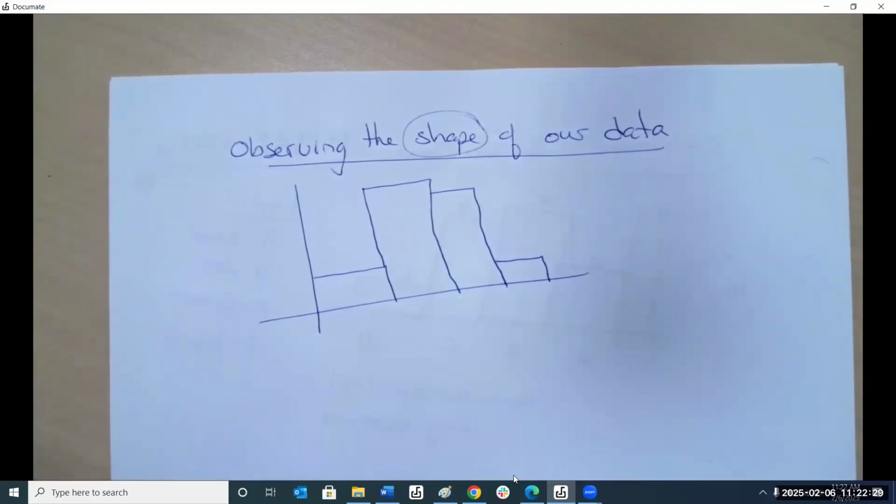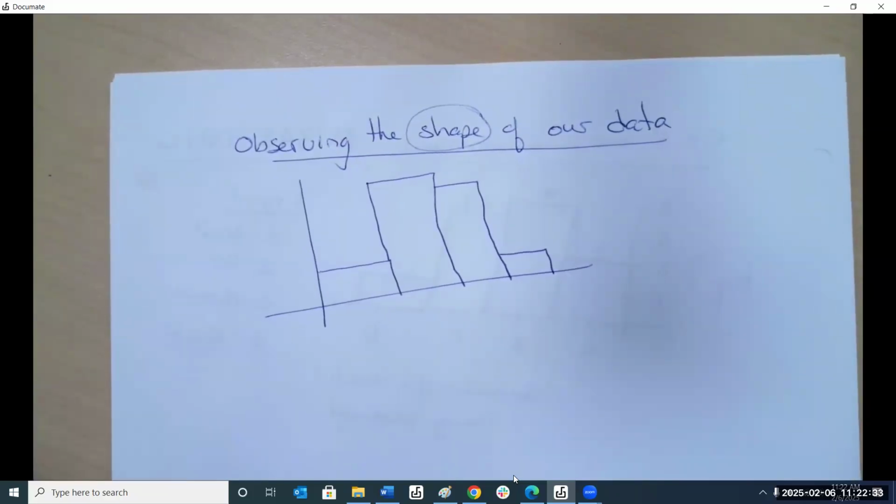In order to be able to do calculations and analyze our data further, because graphs are great, they tell us a lot, but we need to know more information, and that comes from calculations.